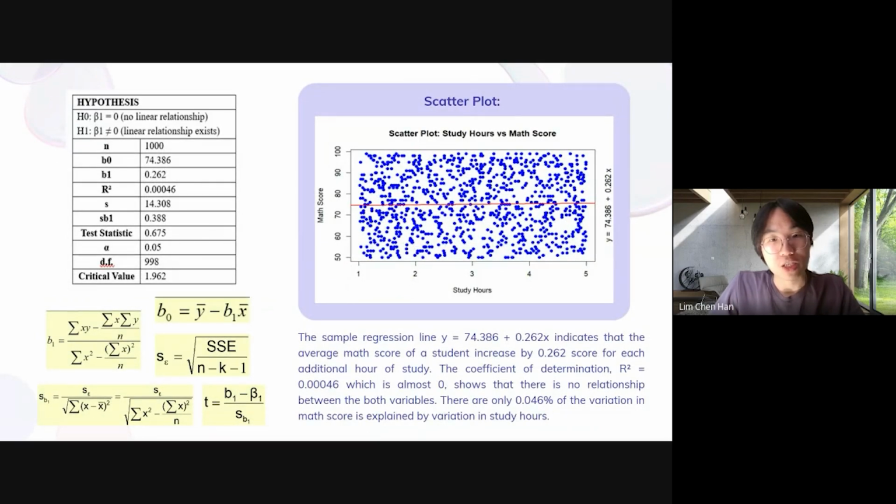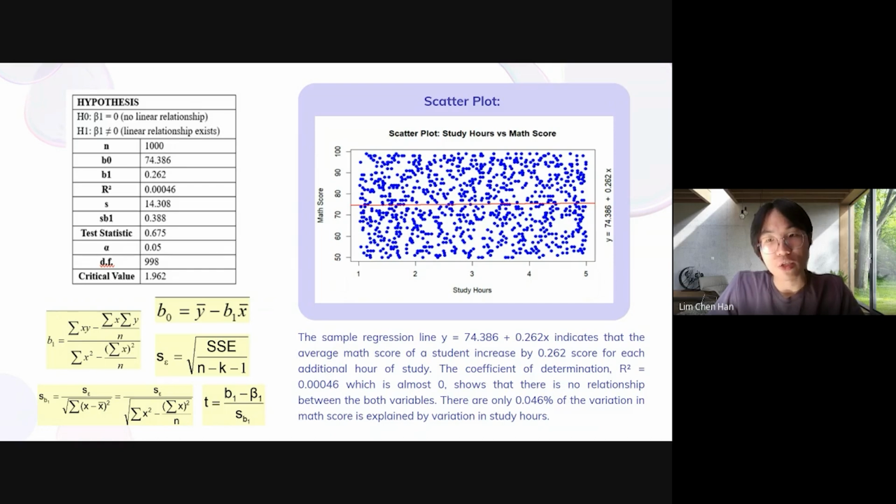So based on the scatter plot here, we found that the sample regression line, which is y equals 74.386 plus 0.262x, indicates that the average math score of a student increased by 0.262 for each additional hour of study. So 74.386 here is the y-intercept, and 0.262 here is the slope of the line.